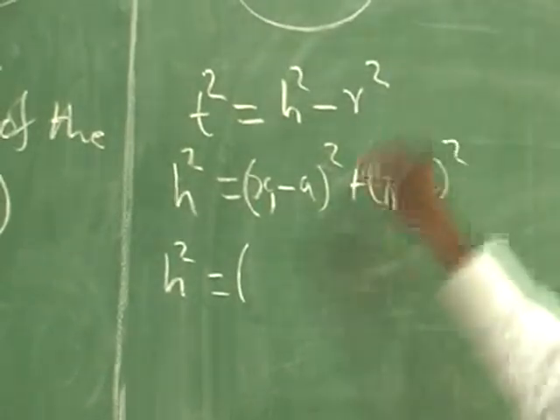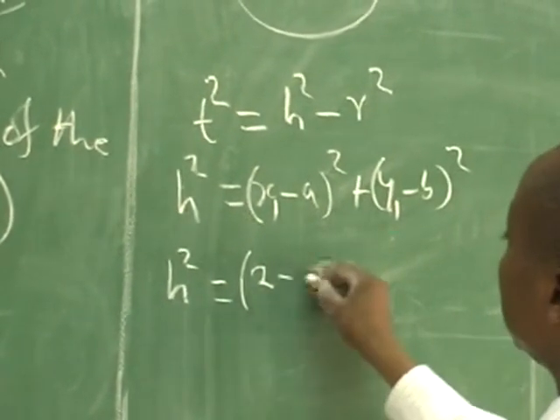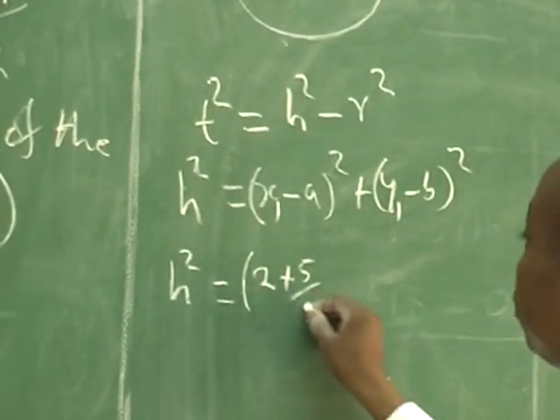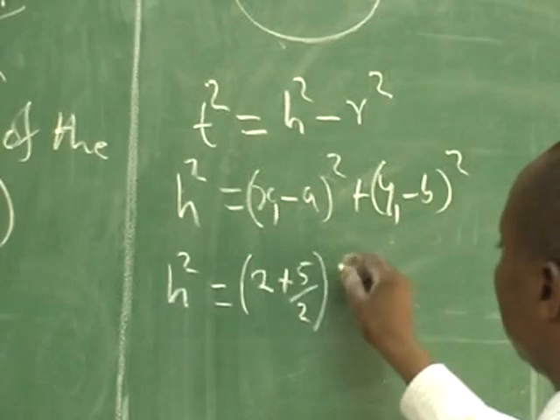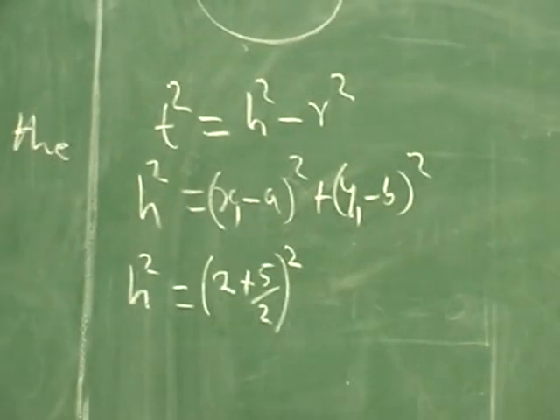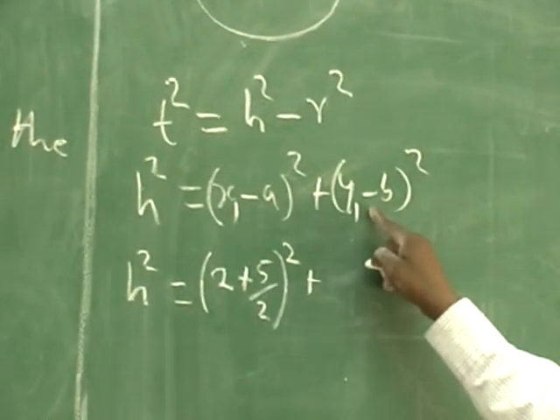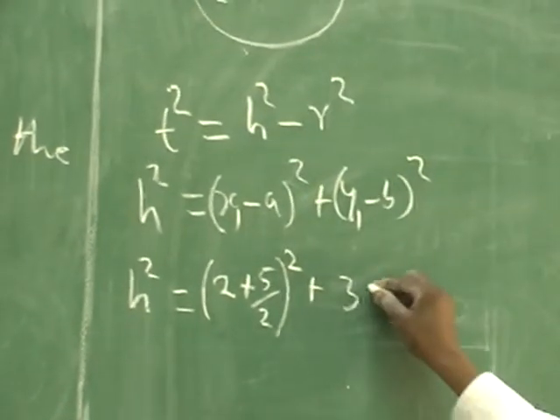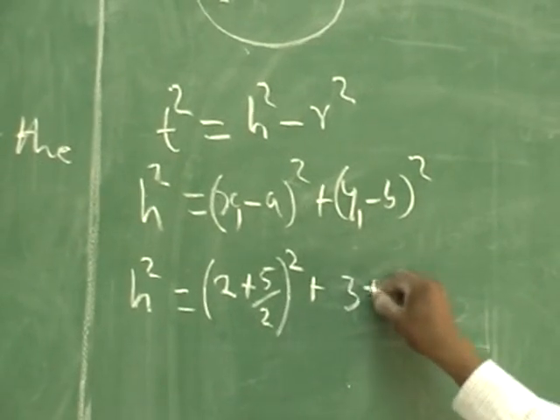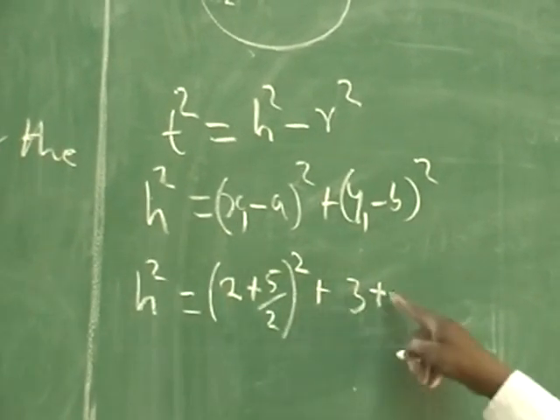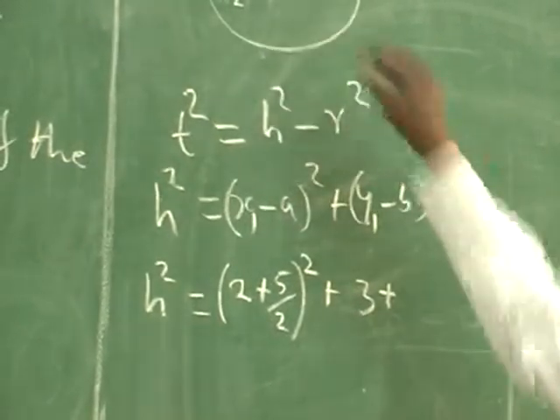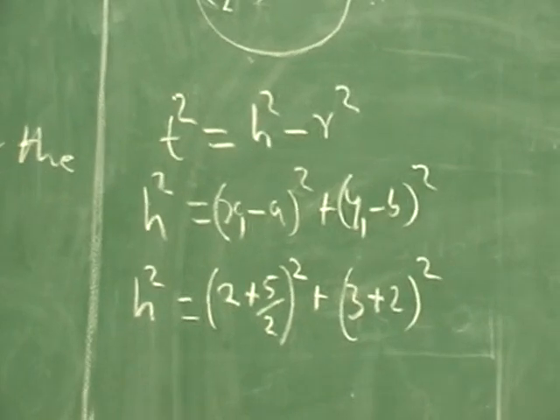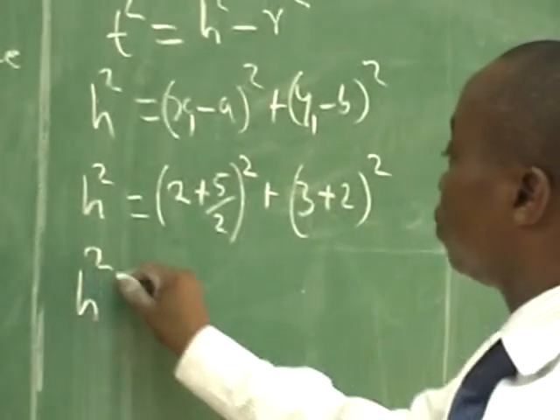So x1, which is 2, minus, it will give us plus 5 all over 2, squared, plus, we go this way, we have 3 in this coordinate, 3 minus, of course, this minus will be plus because we have -2 here, squared.